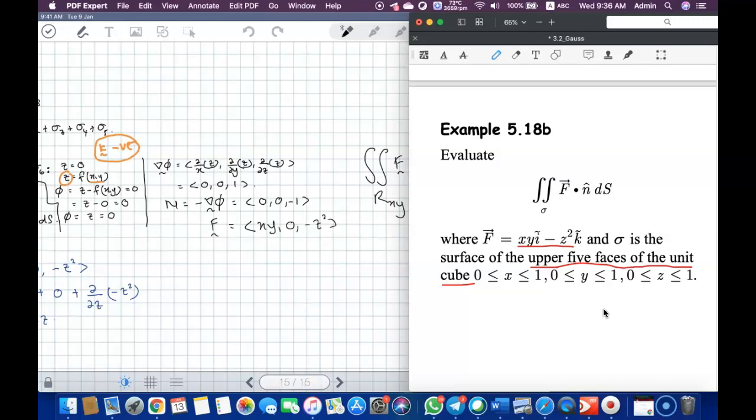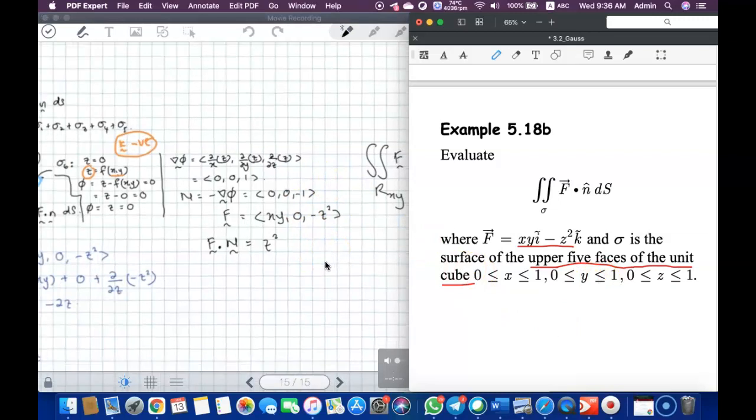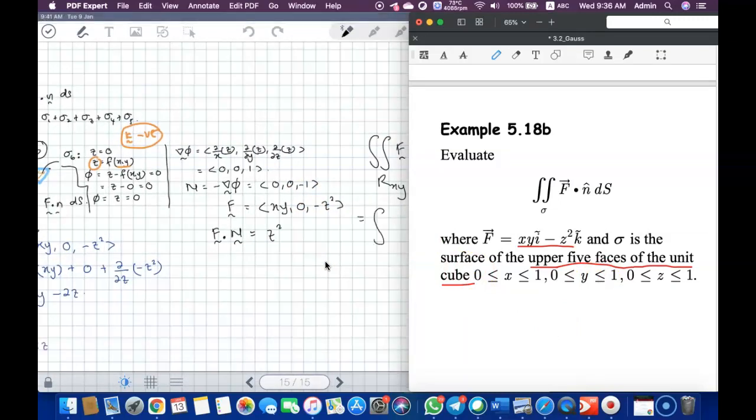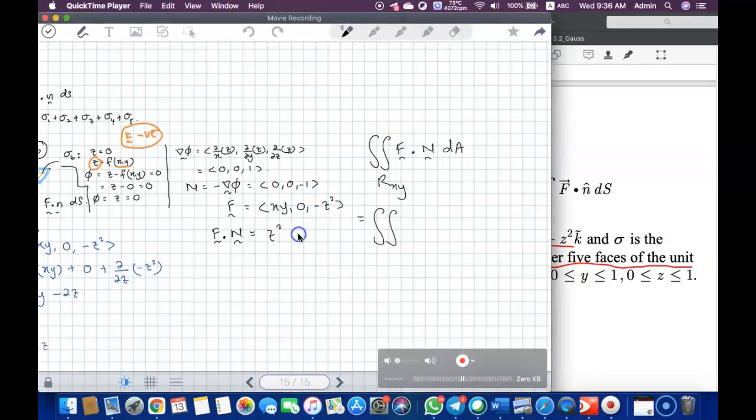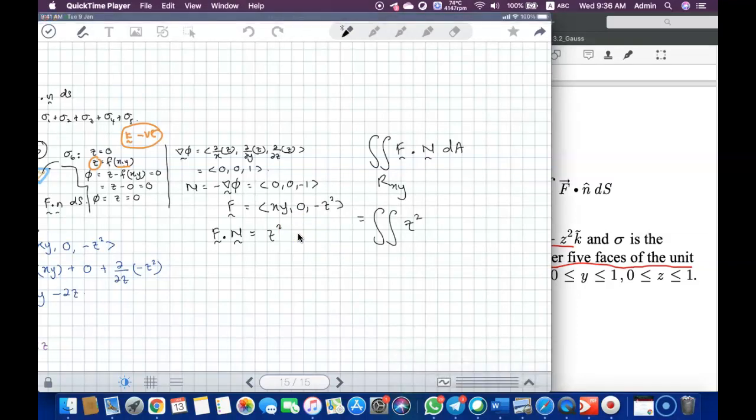So f dot n will be 0 plus 0 plus z square. Alright, so here we have z square, and now the region.